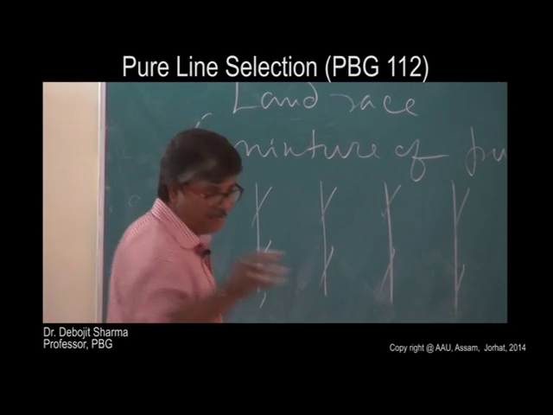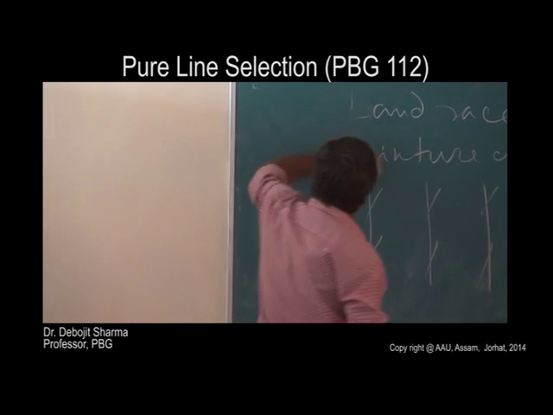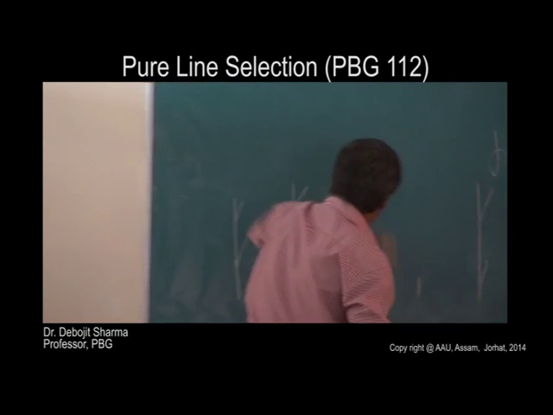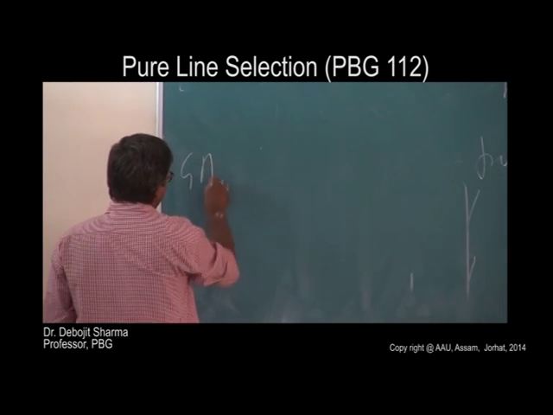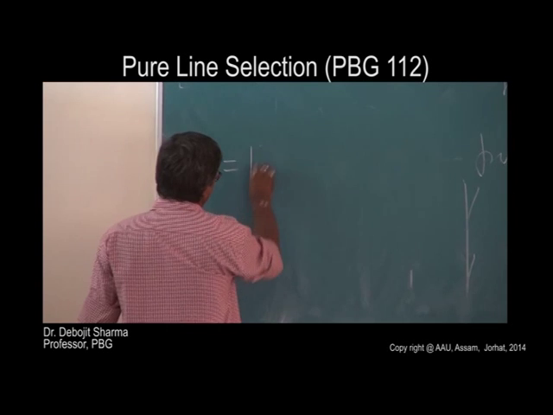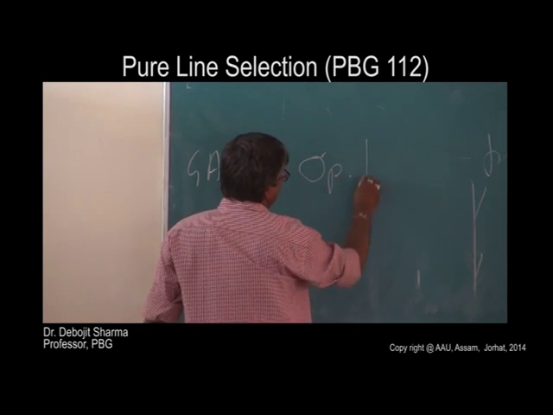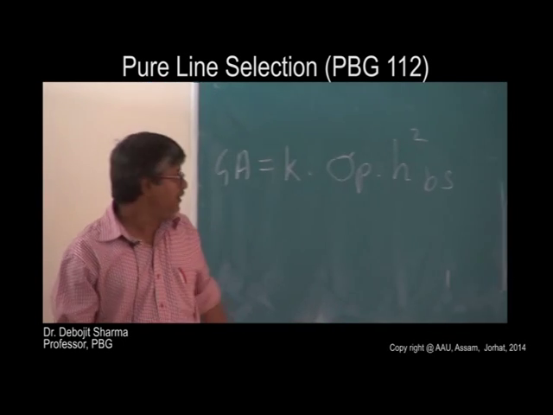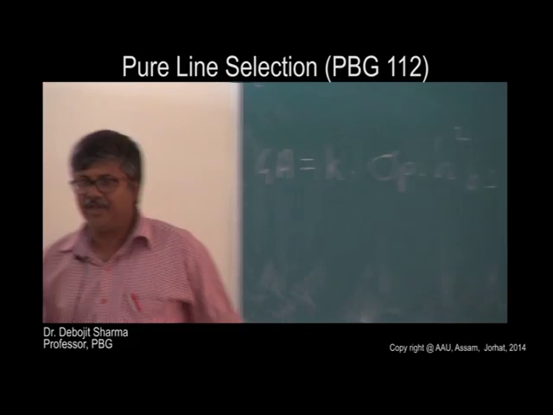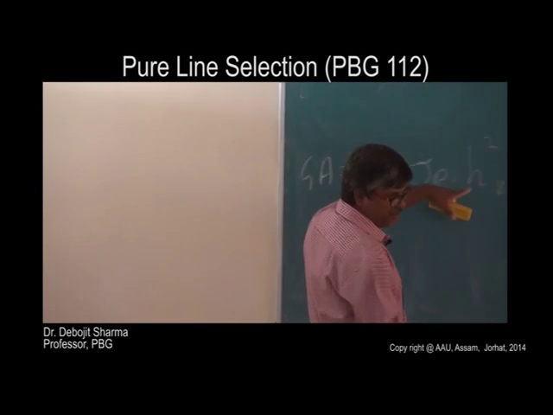So we have already given that genetic advance under selection is given by K into sigma P into heritability in broad sense.